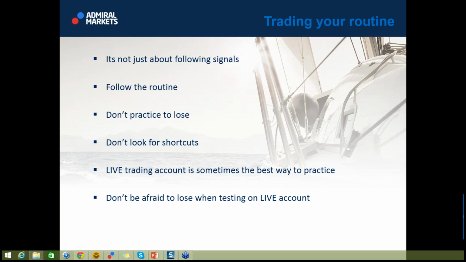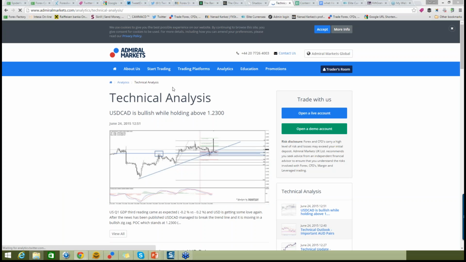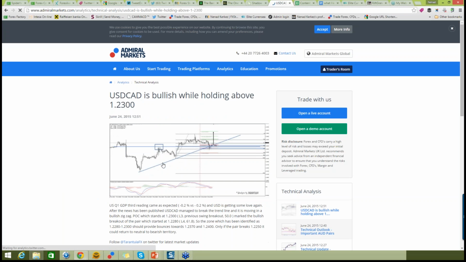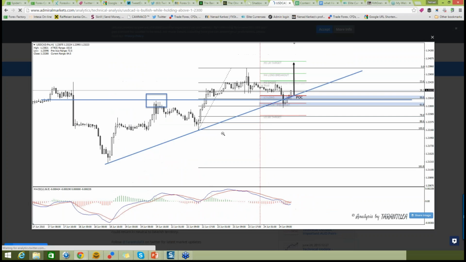I did it on Admiral Markets website. Yeah, the analysis was dollar CAD is bullish by holding above 2300. So today, this analysis was basically an intraday setup.